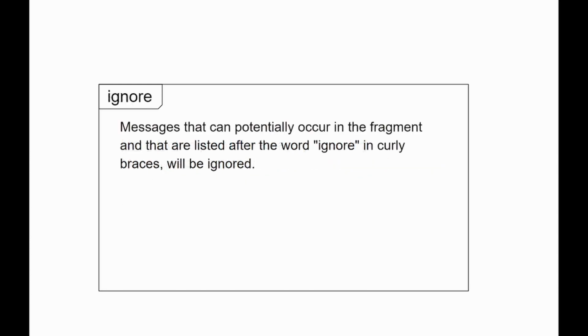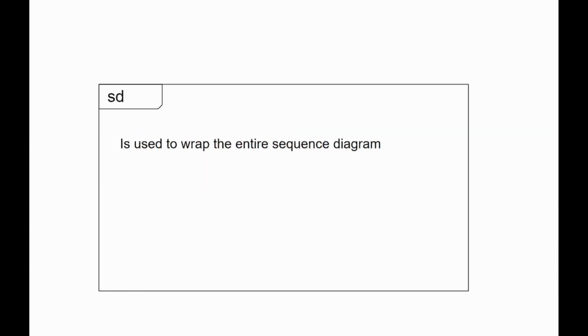Messages that can potentially occur in the fragment and that are listed after the word ignore in curly braces will be ignored. Ref. A reference to a portion of the interaction defined elsewhere, perhaps in a different diagram. This element is similar to predefined processes in flowcharts or interaction overview diagrams. SD. Used to surround the entire sequence diagram.